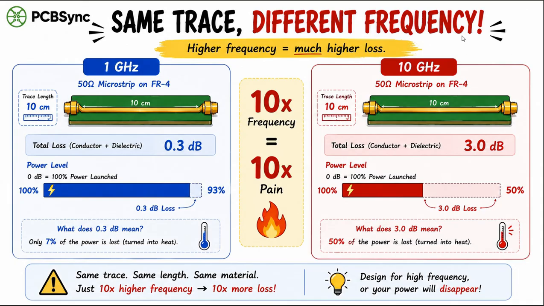But if you switch to a high frequency signal, the loss shoots up to 3 decibels, which means only 50% of the energy makes it to the end. The other half has already turned into heat. With the same board, just increasing the frequency by 10 times can make the pain increase tenfold. Remember this: when the frequency increases 10 times, the heartache increases 10 times.